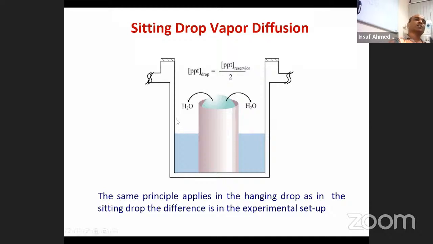Instead of hanging your drop on the cover slip, you get a stand. On that you put your protein and precipitant together and put the cover slip on top. The cover slip on top will create a seal, so nothing will be able to come in from outside and nothing will be able to go outside from this well. This is the principle.